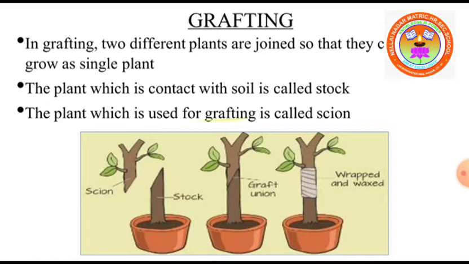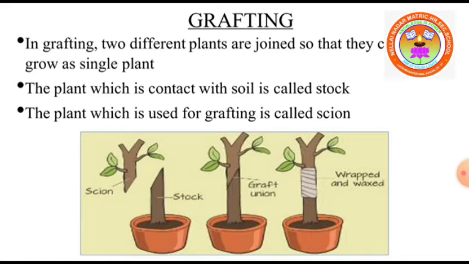So grafting is a method by which two different plants are joined so that they can grow continuously as a single plant. If you observe, grafting is possible only in plants which have vascular cambium.